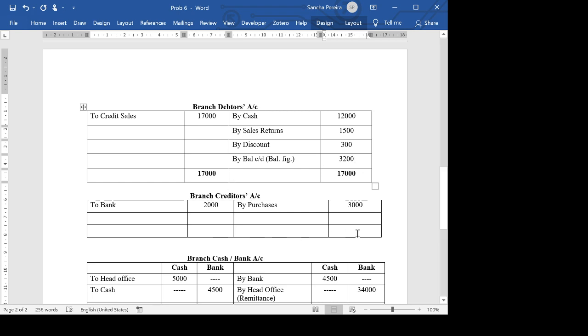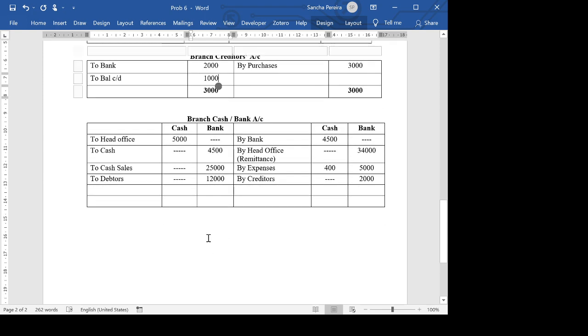Similarly, by creditors, here you have a total of 3,000. To balance carried down would be 1,000. Like I said, your creditors would have had a balance brought down if there was an opening balance.